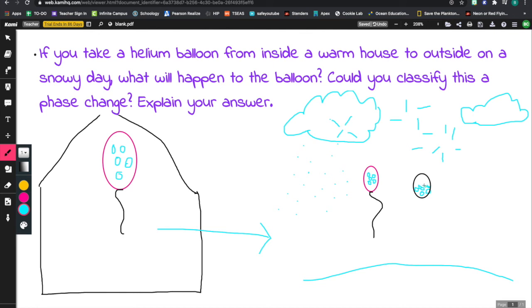So essentially all I want you to know is that kinetic energy has to do with heat and energy, okay? So we use these terms interchangeably. Kinetic energy is movement. You can increase kinetic energy by absorbing heat. You can decrease kinetic energy by releasing heat. And that, remember, is called what?